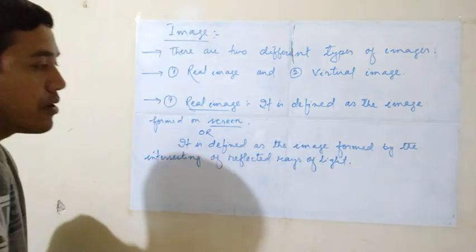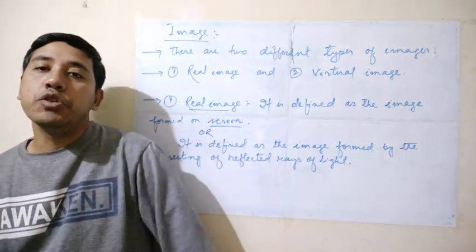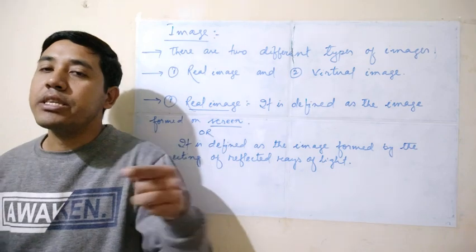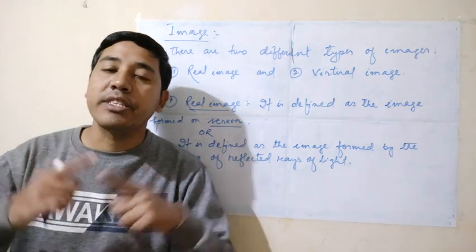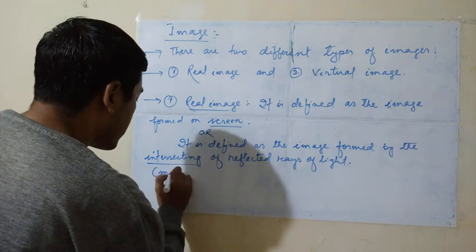Now look here, when the image is formed due to the intersecting of the reflected rays of light. Intersecting means meeting. Intersecting means meeting.